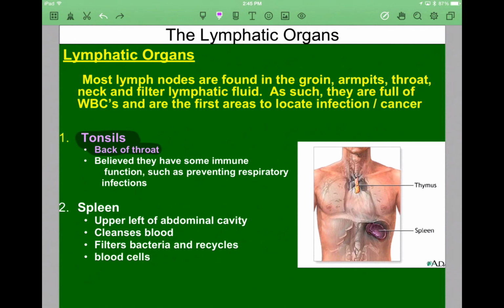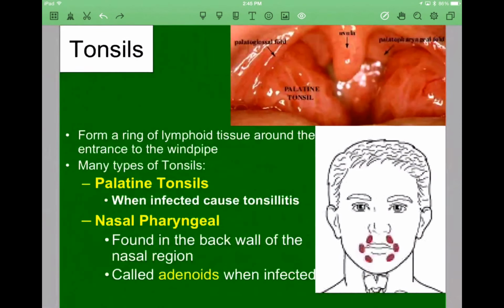The spleen is a really large lymphoid organ, located near the stomach, cleaning the blood, watching out for bacteria, recycling blood cells, and of course, watching for infection. Lymphatic cells here, if they encounter cells that are a concern, pathogens, or even cancer cells, can alert the immune system.